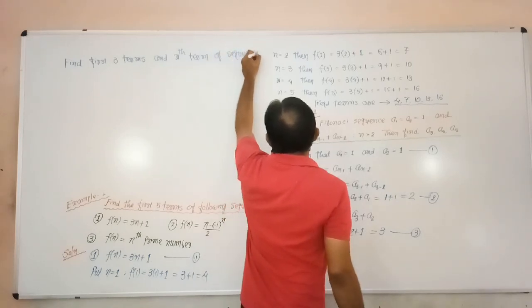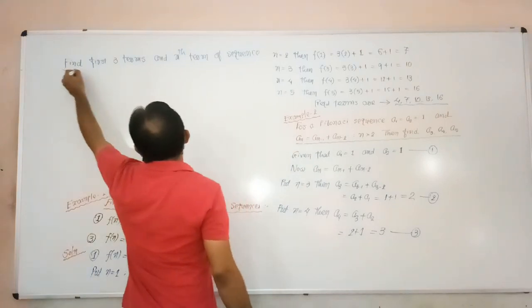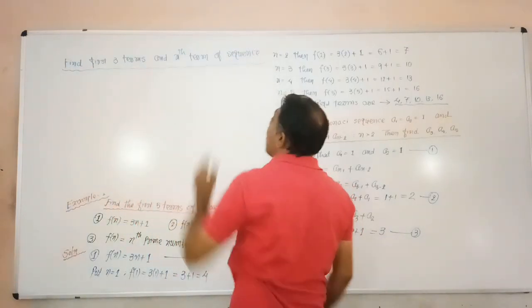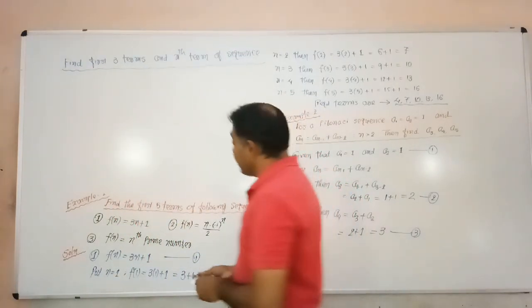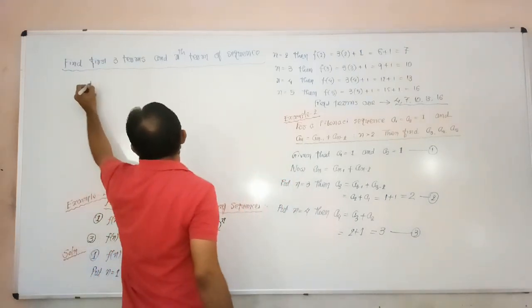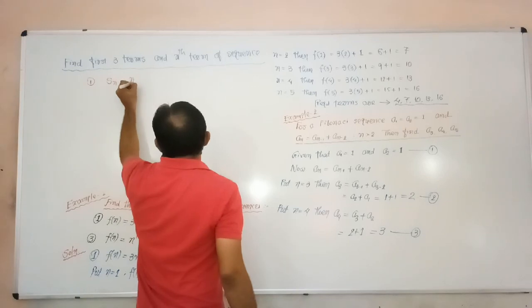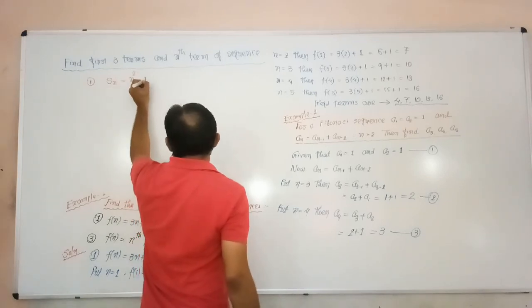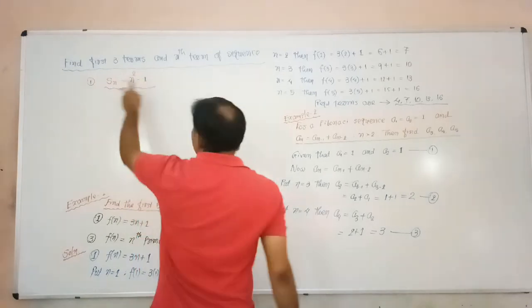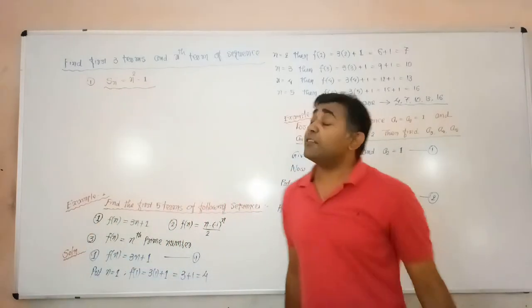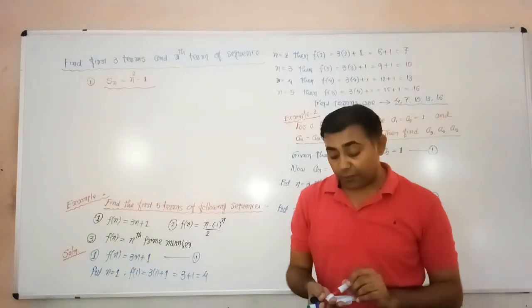Remember that we have to find the first three terms and the nth term. The first one is given as Sn equals n square minus 1. See here, this is n square minus 1. This is not the nth term of the sequence. This is the sum of n terms of the sequence.